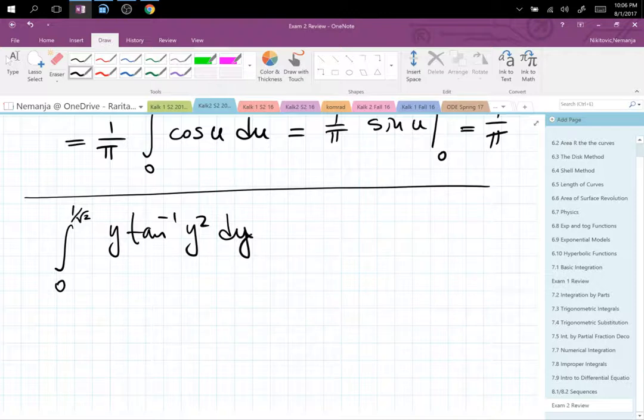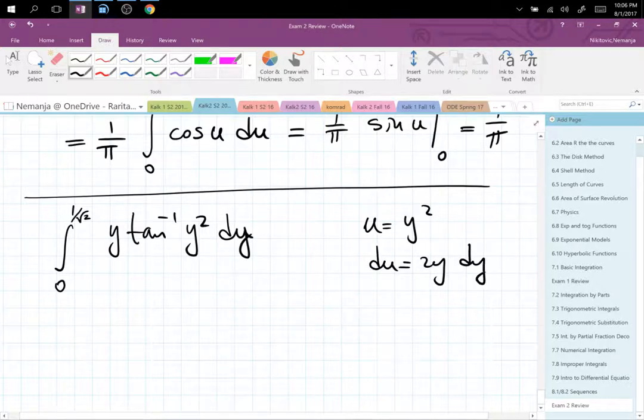For this one, I would start with u equals y squared. Du equals 2y dy. I don't have a 2, so here's the 2. I need limits, so when I square the upper limit, it becomes 1/2.